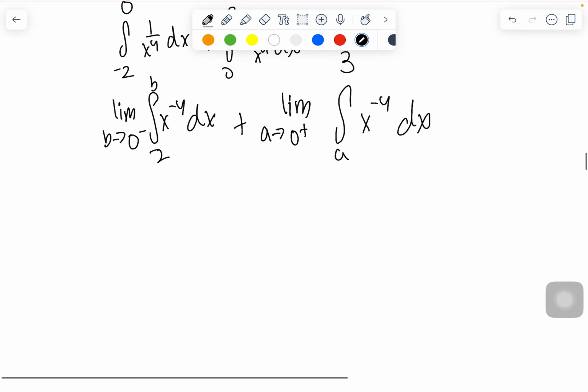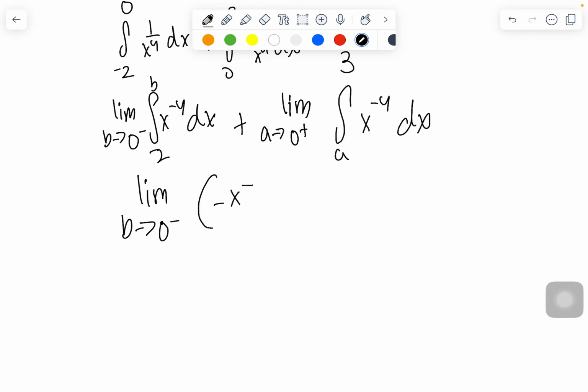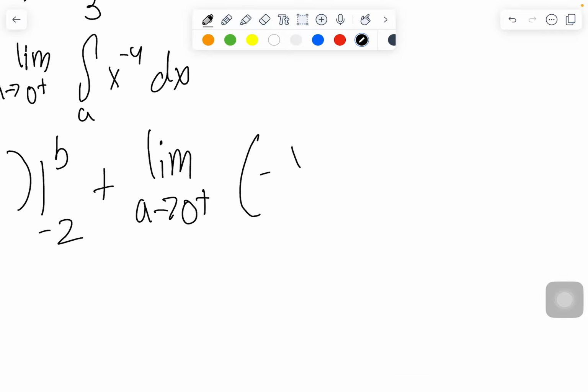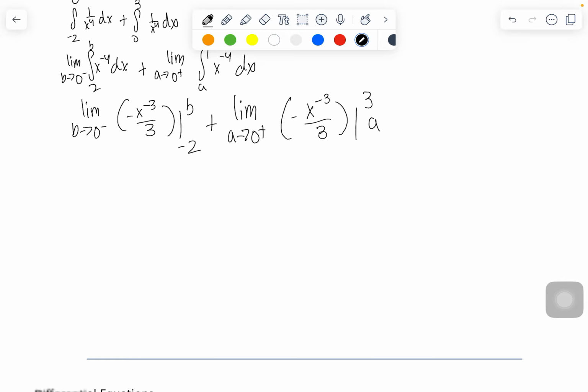So then we get the limit as b approaches 0 from the left side of negative x to the negative 3 over 3 at b to negative 2, plus the limit as a approaches 0 from the right side. The integral of x to the negative 4th is negative x to the negative 3 over 3 at 3 to a.